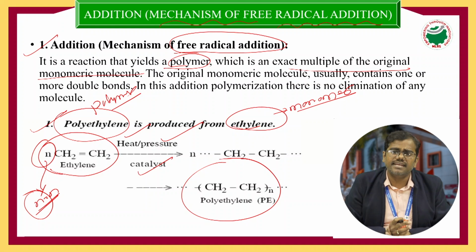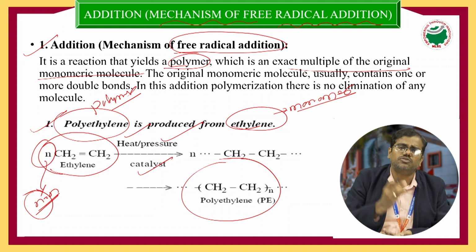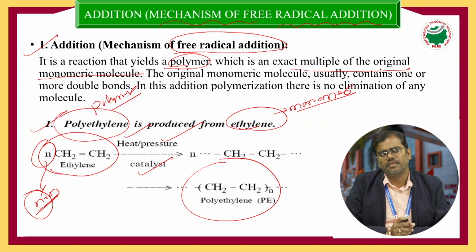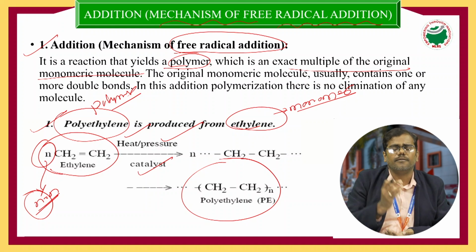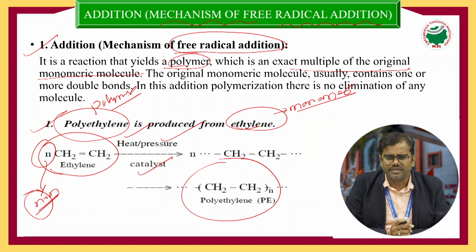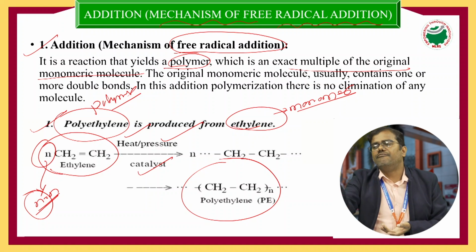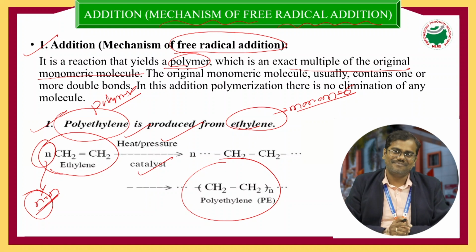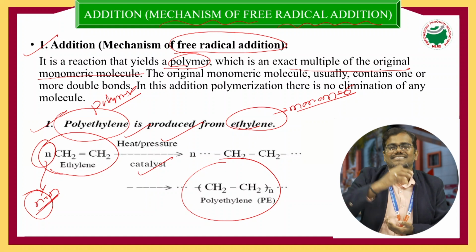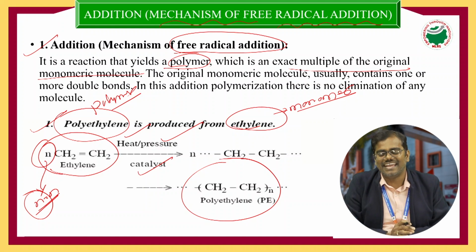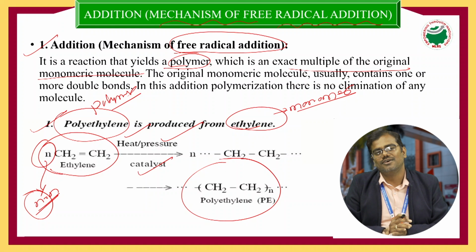When these initiators are exposed to sunlight, they undergo cleavage. Homolytic cleavage takes place in the initiators, and finally it forms free radicals. Here the free radicals act as initiators.